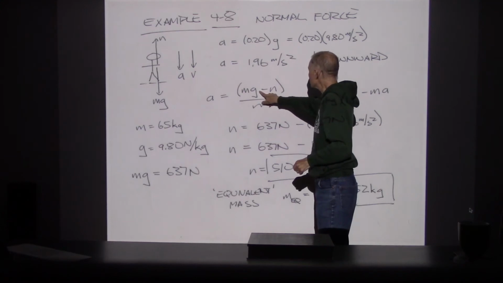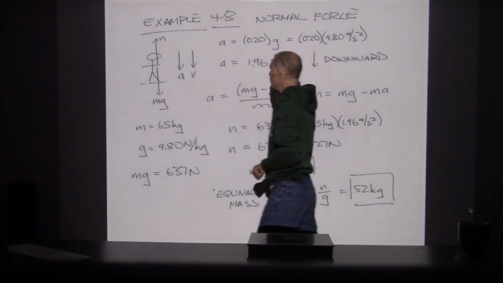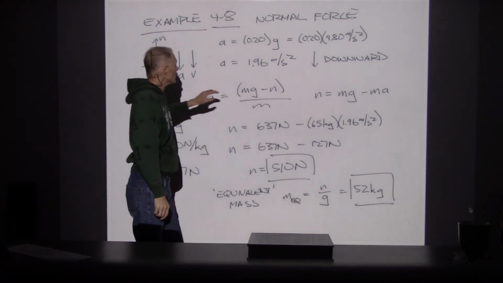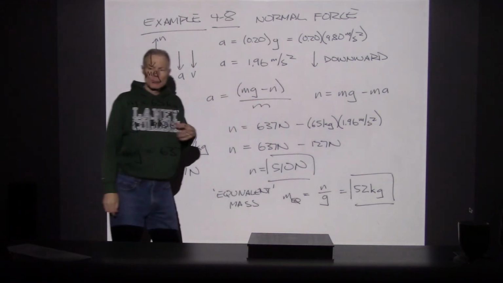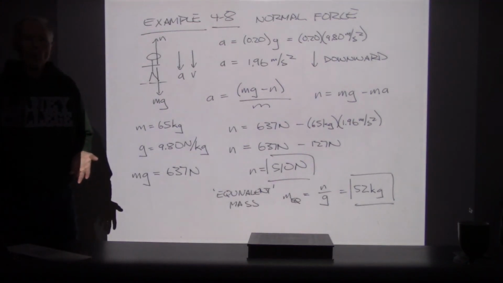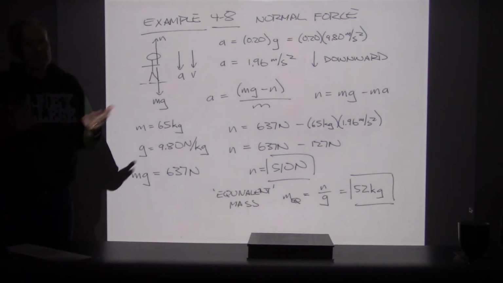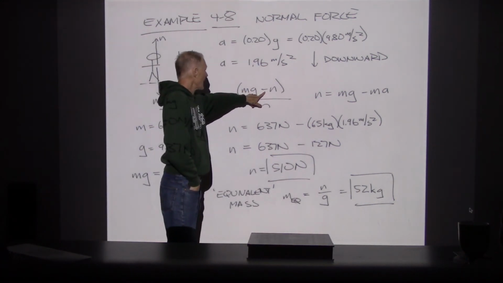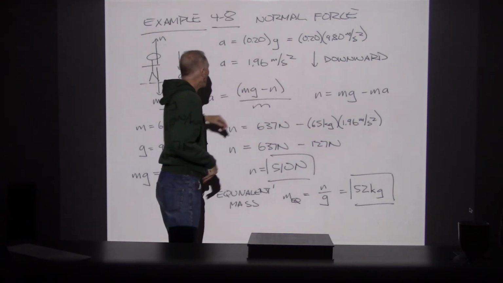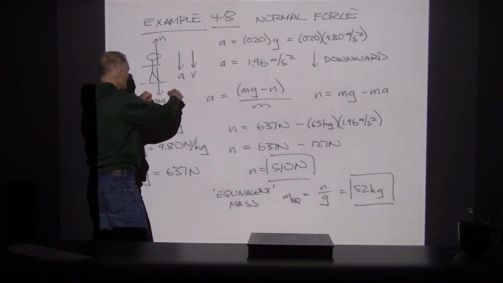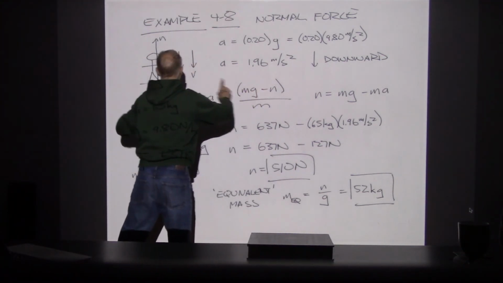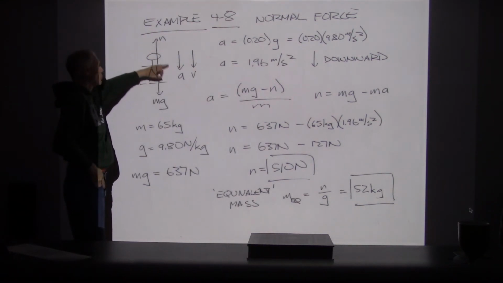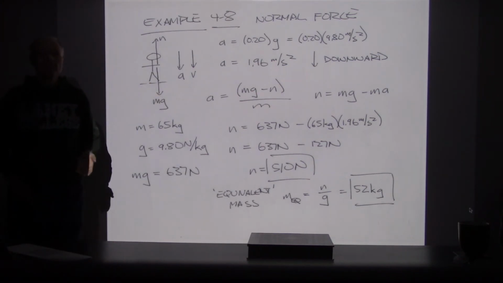Now, what I've got to do is subtract off the normal force because n is in the opposite direction. So again, rather than calculate n to be a negative value, what we want to do is have n come out to be a positive value. And to do that, we'll put the minus sign in by hand. So I'm saying mg, all the forces in the direction of acceleration, minus all the forces opposing the acceleration, and the normal force is opposing the acceleration of the person.